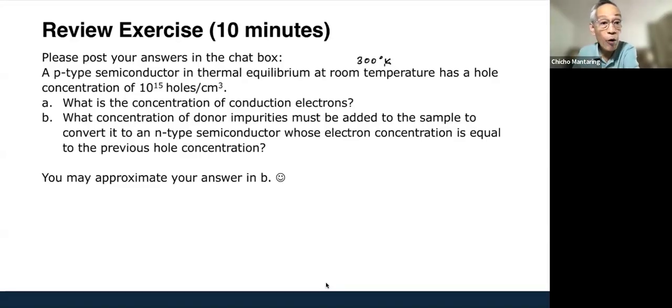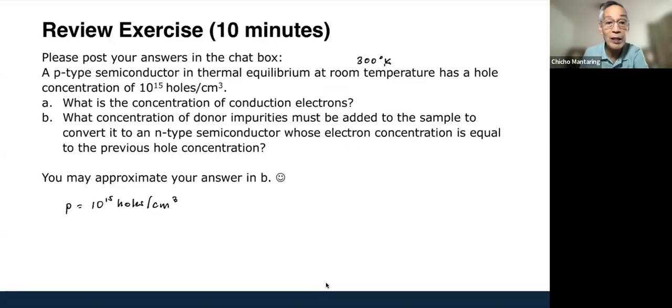Okay, I have a hole concentration of 10 to the 15 holes per centimeter cubed. So anong ibig sabihin nito? Hole concentration, that means P is equal to 10 to the 15 holes per centimeter cubed. So the first question is, what is the concentration of conduction electrons?